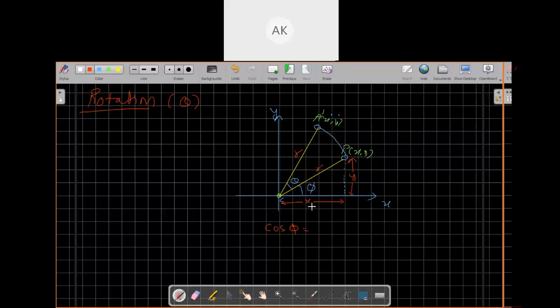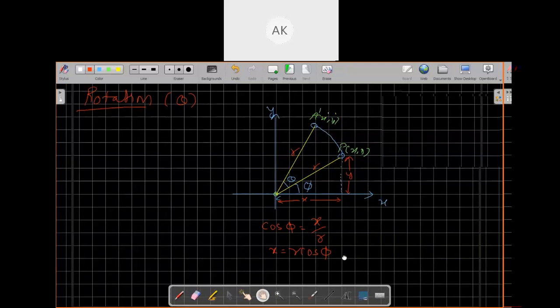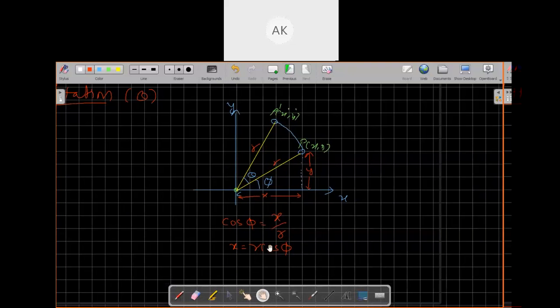Okay, so this is your x from here to here, and this is your y for the current point P.